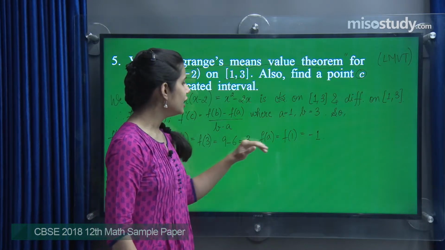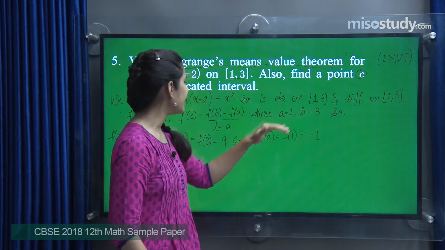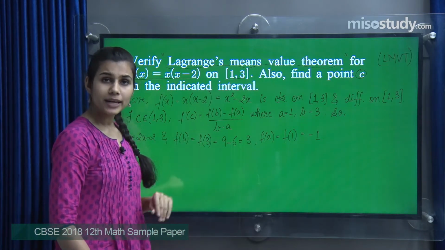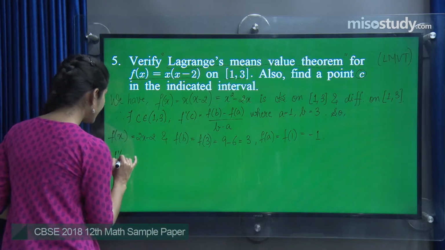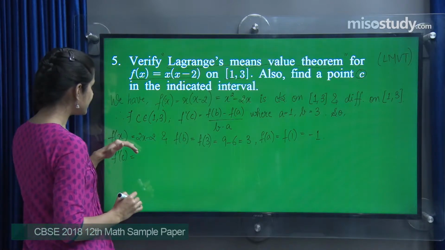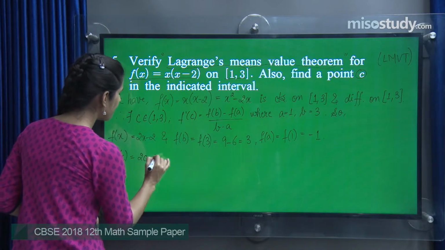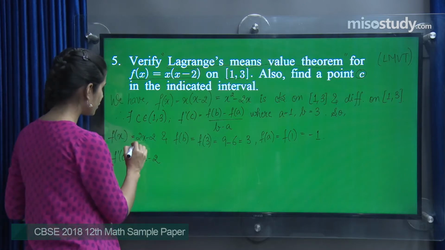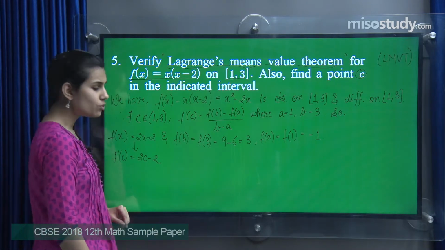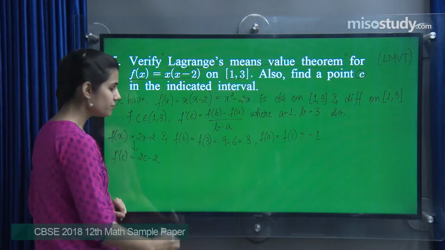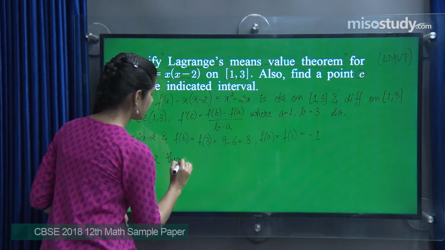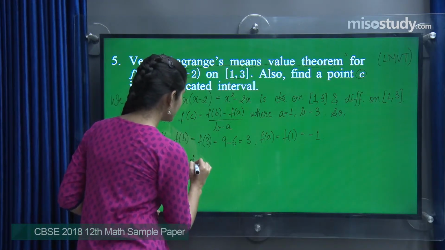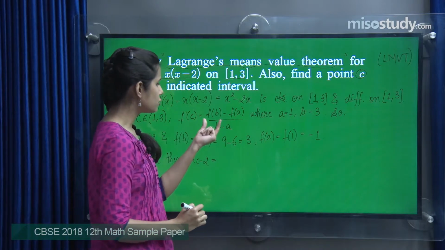You have fb, you have fa, you have b, you have a, you have f dash c. Just plug in the values. So then f dash c is 2c minus 2, because f dash x is 2x minus 2, so f dash c is 2c minus 2. Then what happens over here? You get 2c minus 2 is equal to f of b.